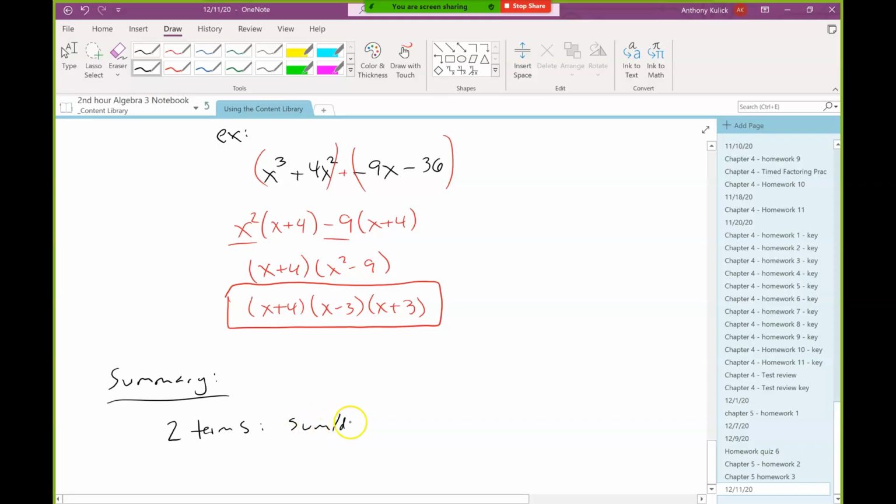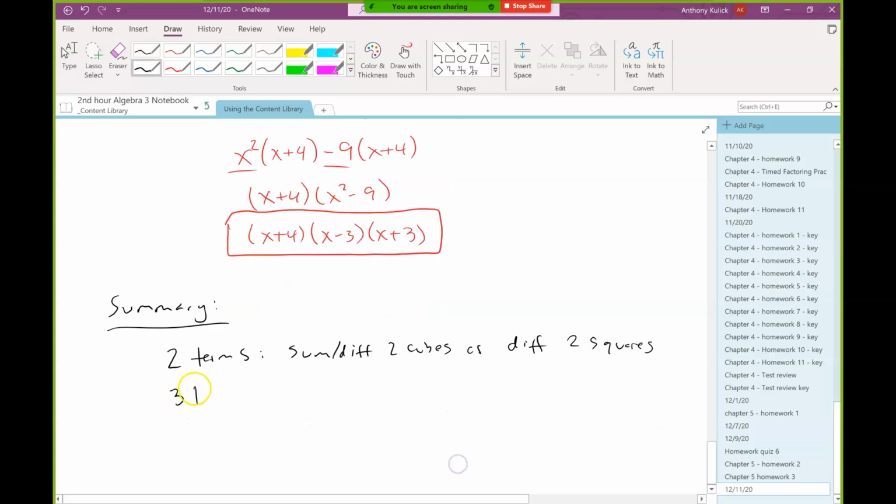If I have three terms, I'd be looking to try to use the quadratic form to factor it. If I have four terms, I'd be using grouping to factor that. Just to summarize what we did there with the factoring.